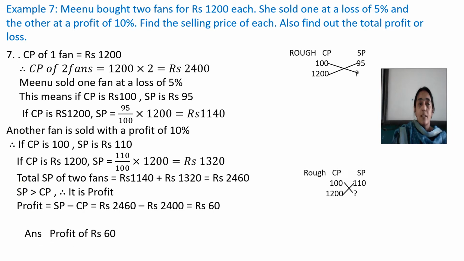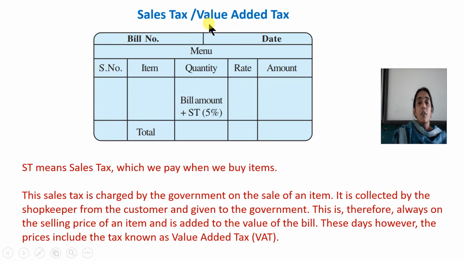So let's start with example 8. Before starting with example 8, let me tell you something about sales tax or value added tax. Whenever we go to any shop or any restaurant, we buy some item.